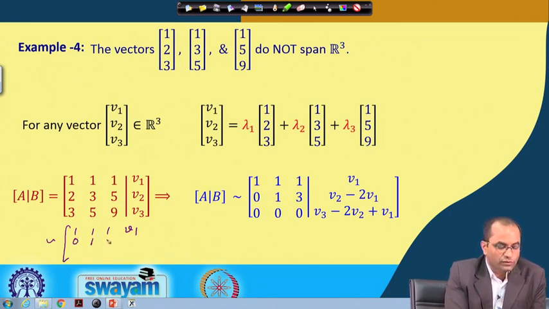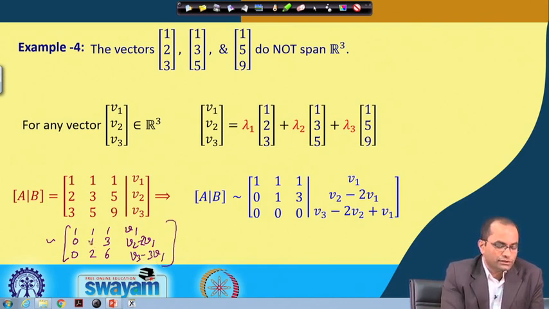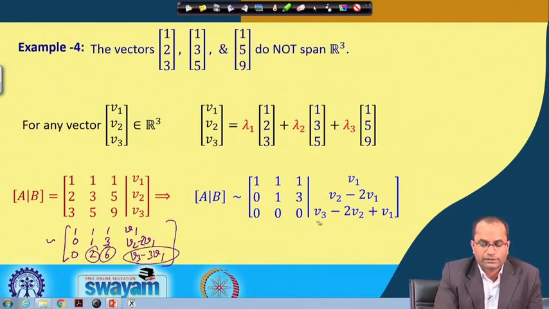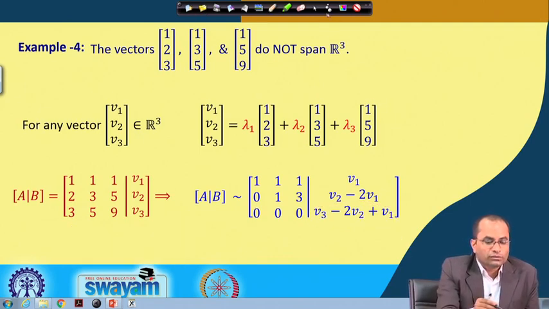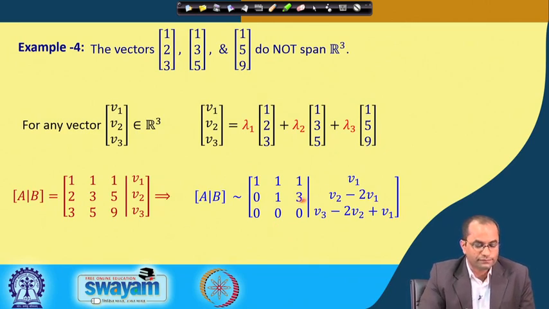The third one, 3 times of r1 we are subtracting. So, here we will get 6 and here v3 minus 3 v1, and then once again 2 times of this we will subtract. So, this will become 0, this will also become 0 and here this factor will be coming.